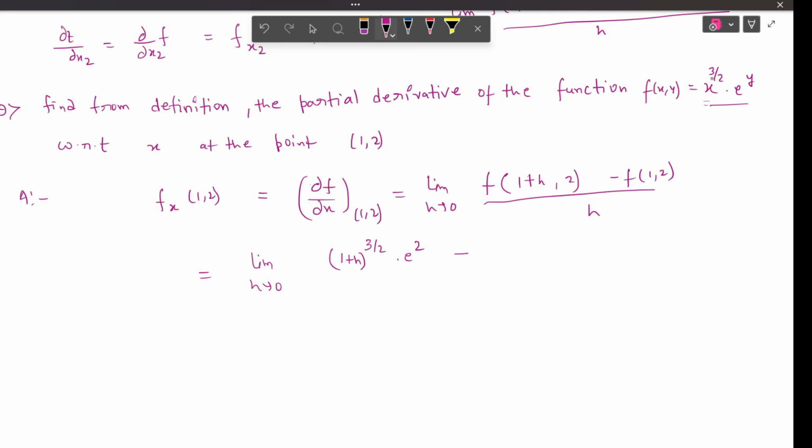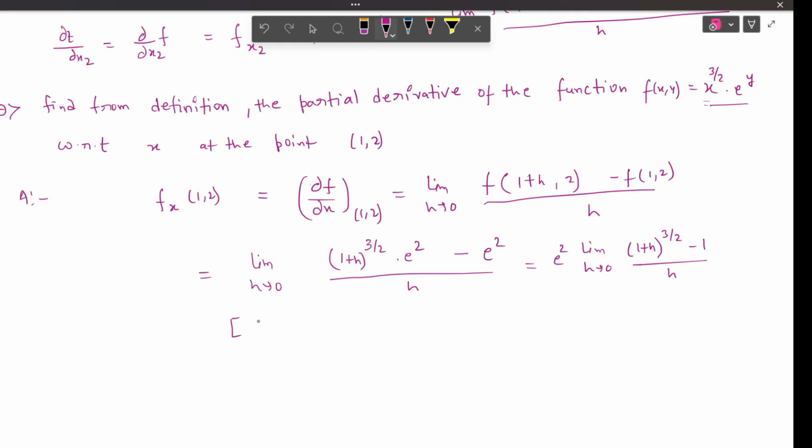In place of x you put 1, and in place of y you put 2. So 1 to the power 3 by 2 is 1, e to the power 2. It's minus e to the power 2 upon h. If we take common e to the power 2 outside the limit, it will be e to the power 2 limit h tending to 0 of 1 plus h to the power 3 by 2 minus 1 upon h.